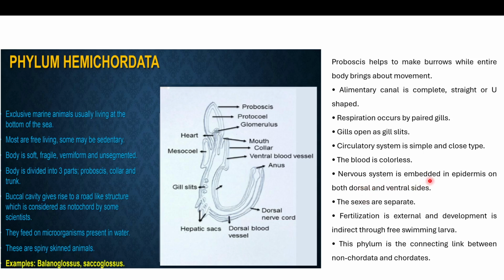Nervous system is embedded in the epidermis on both dorsal and ventral sides. Sexes are separate. Fertilization again is external. Developmental stages are indirect via a free swimming larva existing in between. This particular phylum is considered a connecting link between chordates and non-chordates.